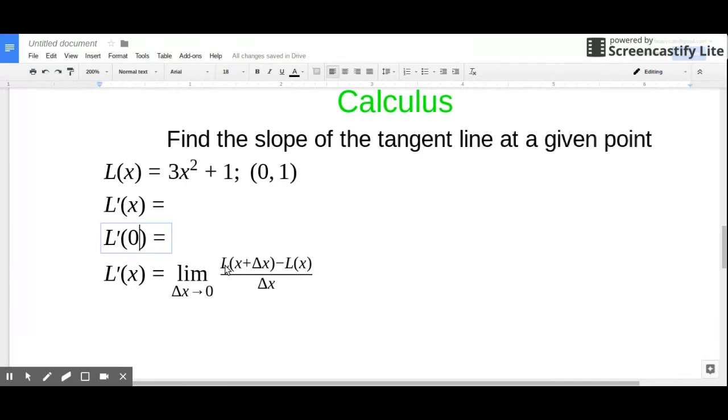All right. Let's go up here and start working this thing out. So the first thing we want to find is this part right here, is equal to, so we're going to have 3, or not 3, 2, and then x plus delta x.